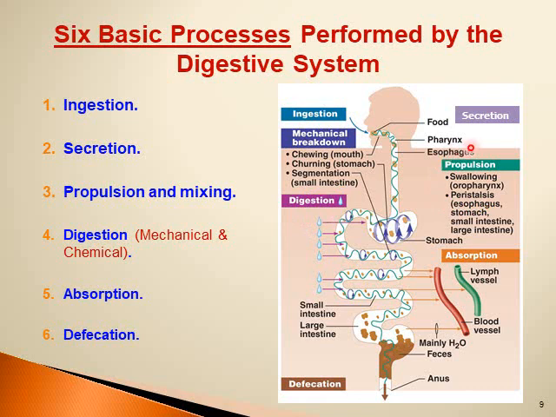We have the propulsion in the form of swallowing and peristalsis, that we'll study in detail in the coming slides and lectures. Then absorption, which is the main function of the alimentary canal, and finally the elimination of non-digested, non-absorbed material in the form of fecal material in the process of defecation.